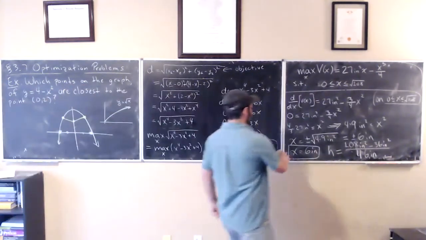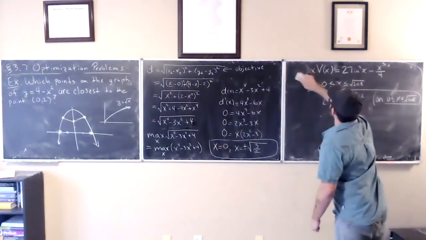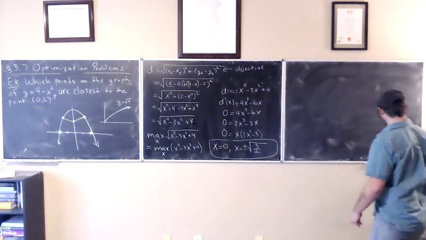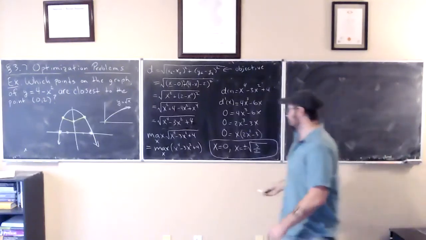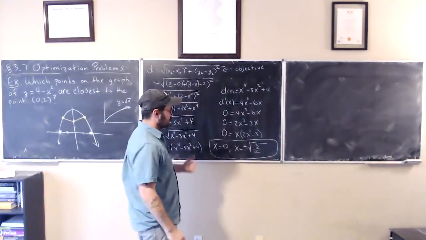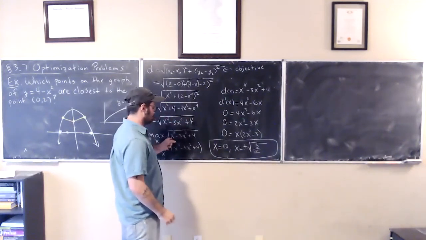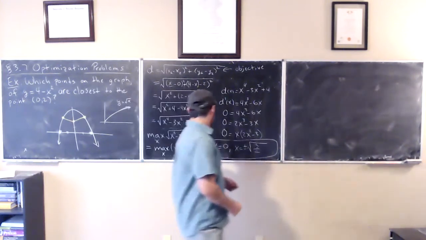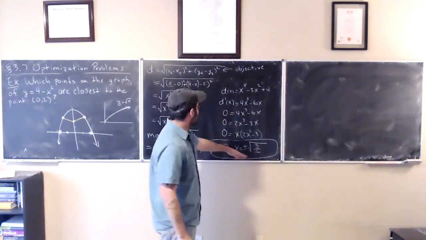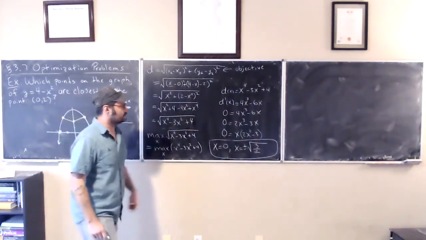Okay. So now I just need to test. I have to make sure that all of these result in this being positive, and then also the inside being positive, right? Because we're not taking square roots of negatives. And then I need to test which of these are maximums for this distance function here.